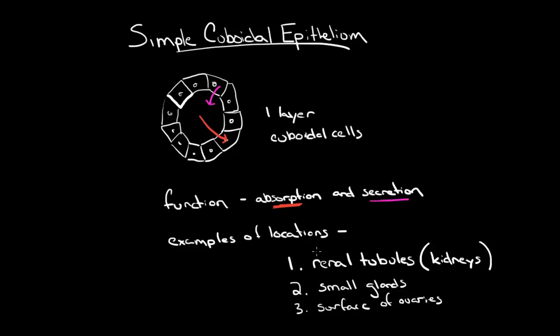If I were going to remember one of these, I think this is the one that I would remember, the renal tubules. In fact, the slide preparations that we'll see have lots of simple cuboidal epithelium visualized there. So let's take a minute and take a look at some simple cuboidal epithelium.